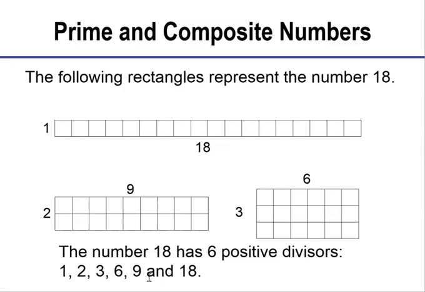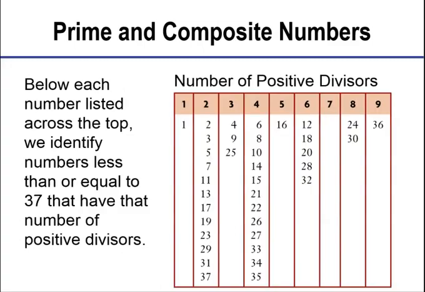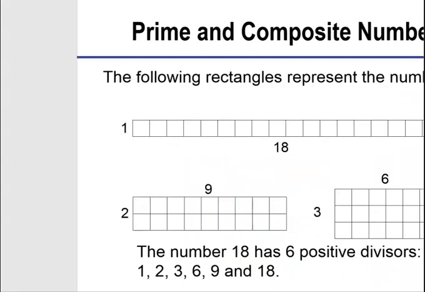But let's mention something else. This is an interesting list worth discussing. Notice we have a list of numbers across the top: 1, 2, 3, 4, 5, 6, 7, 8, 9. That is the number of positive divisors. For instance, 18, how many divisors does it have?